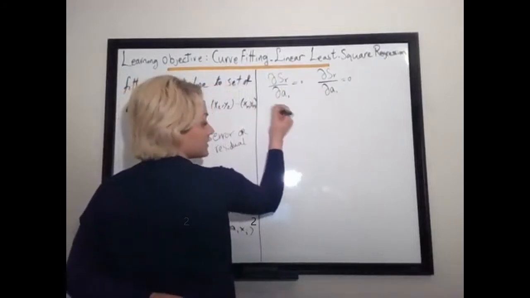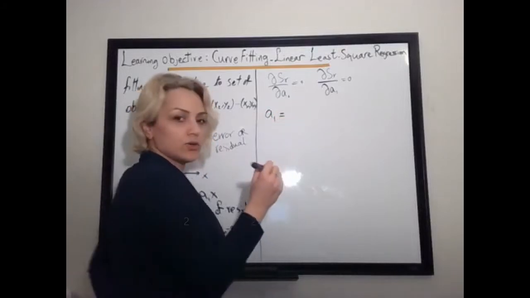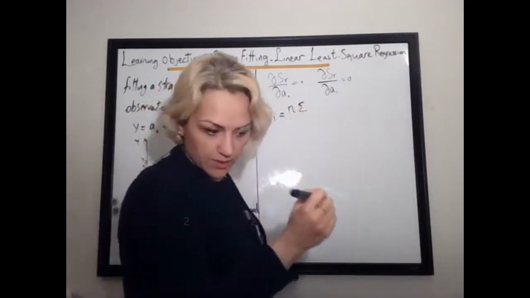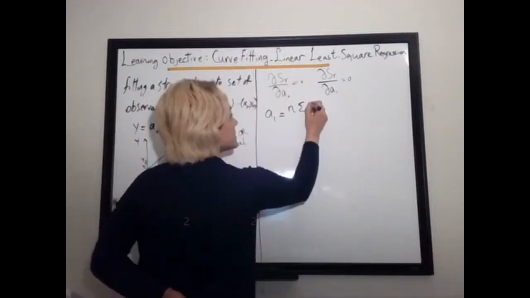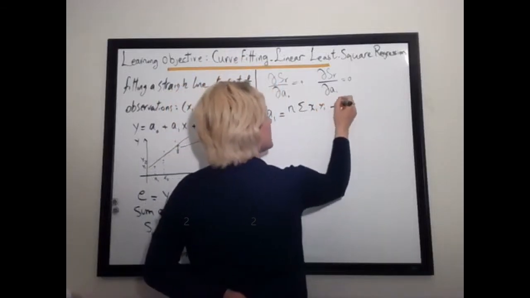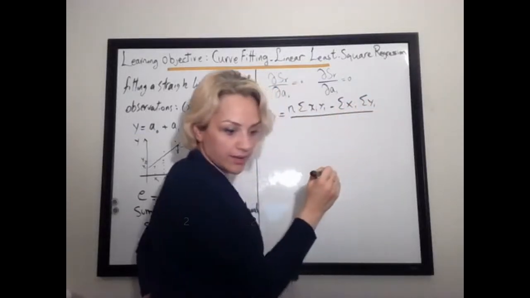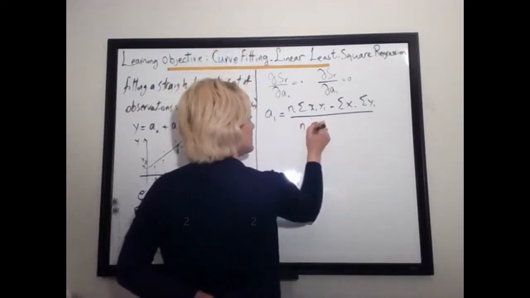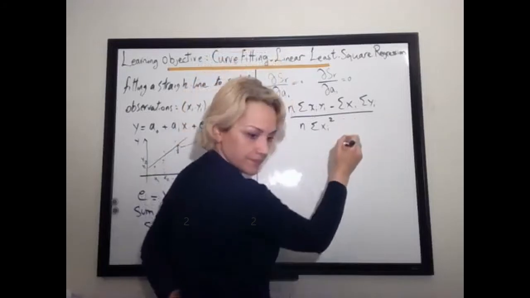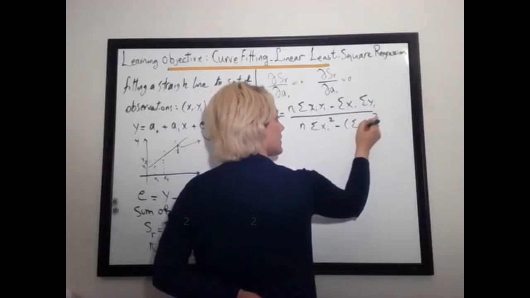So for a1, this is the final value of it. a1 is going to be equal to n sigma xi yi, minus sigma xi sigma yi, divided by n sigma xi power 2 minus sigma xi, all of that power 2.